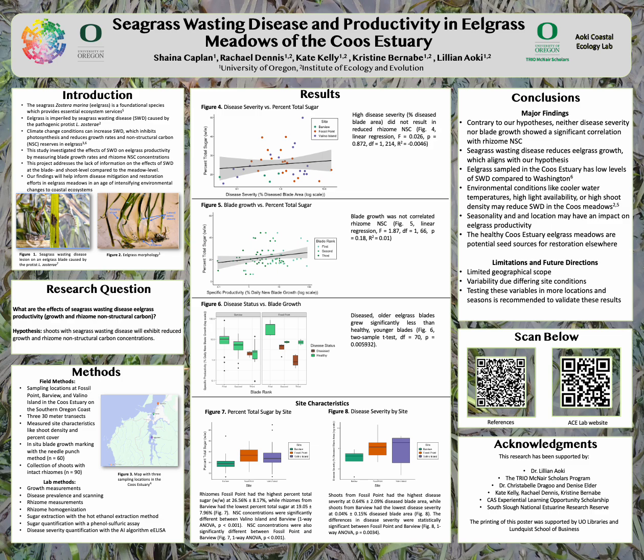However, the relatively healthy eelgrass meadows in the Coos Estuary could be used as seeding sources for restoration elsewhere, and again could provide important context to the spatial and temporal variability in eelgrass responses to wasting disease. And while our study was limited to one location in one growing season, repeating this experiment elsewhere is important to validate our results.